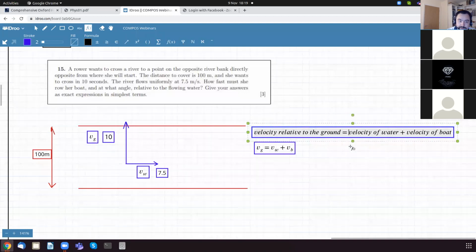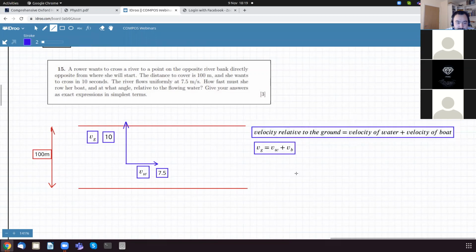Sorry, that's equals. And using the triangle rule for vectors, we can sketch that. So the velocity of the water plus the velocity of the boat will equal the velocity relative to the ground. So this is the triangle rule for vectors.